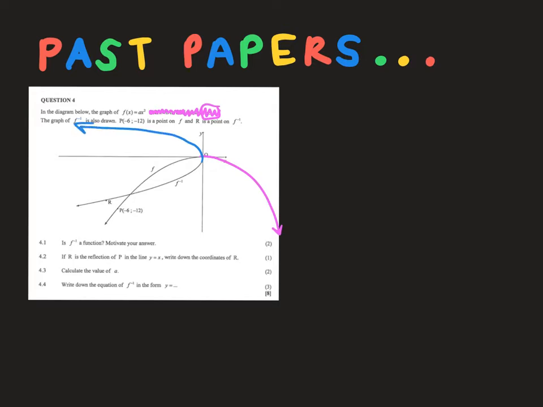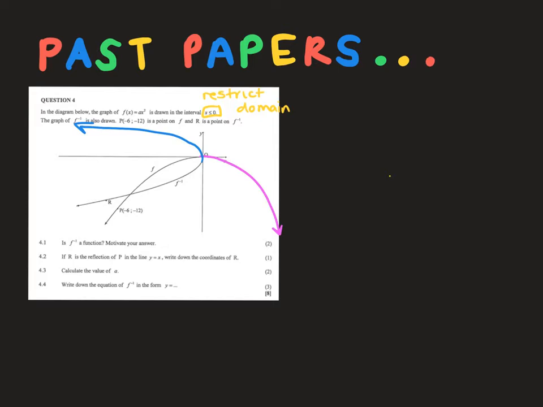So when they add in this information, is drawn in the interval x is less than or equal to 0, this is a restriction on the domain. They only want to look at that portion of the graph.